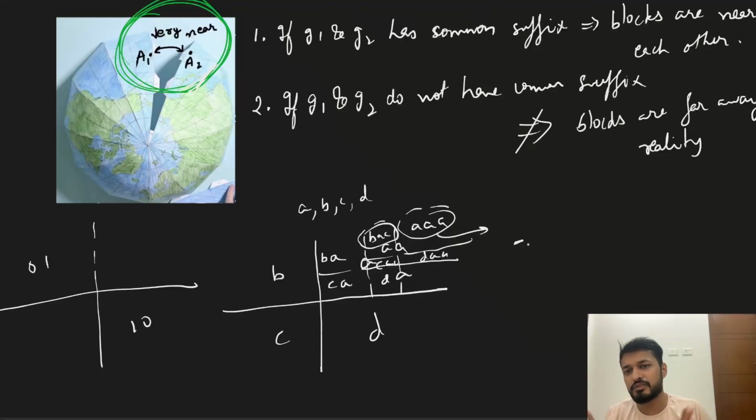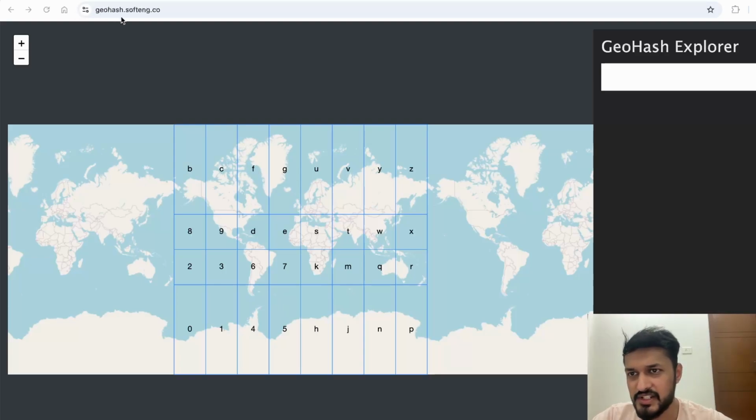Okay, now let's go ahead and look at one website for a visual representation of geohash. Okay, so this is our website, geohash.softeng.co. Here instead of using 0 1, they have used 0 to 9 and A to Z, all the letters, while dividing it the first time itself. Okay, that is what we discussed just before, right?